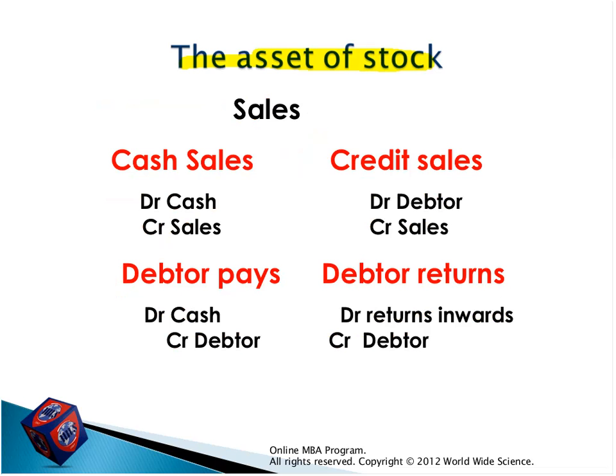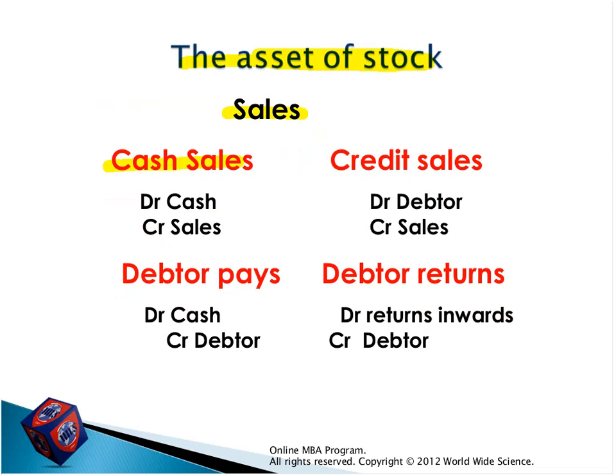Look at this. We have some sales, right? We sell some products and receive the money. If our sales are in cash, we receive the payment in cash when we sell our products. That means our cash will be increased, and we show that on the debit side.